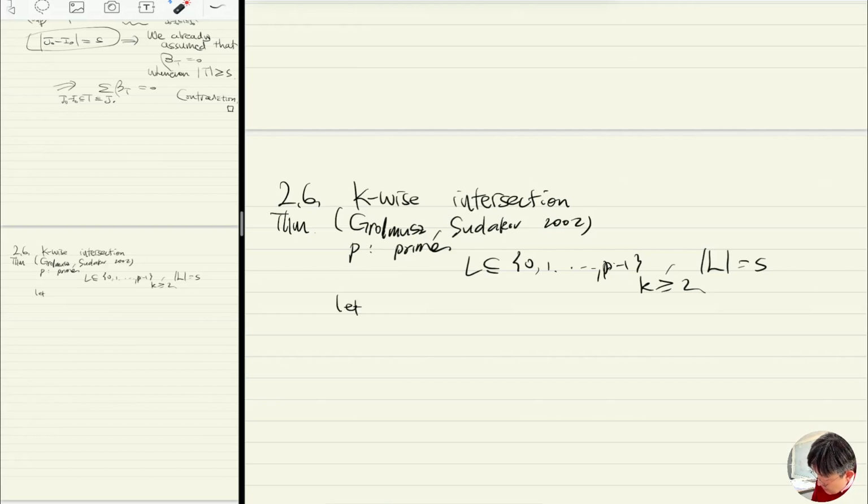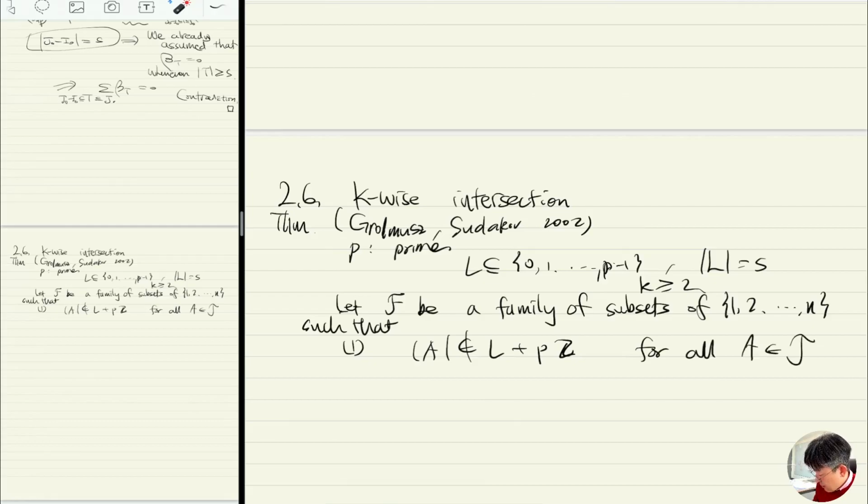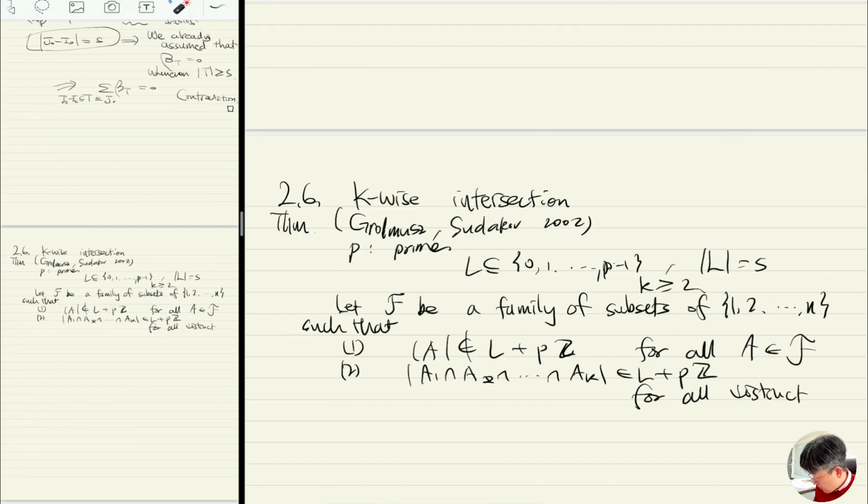Let F be a family of subsets of 1 up to n such that each member has size not in L modulo p, and whenever you take an intersection of k distinct members, that's in L.